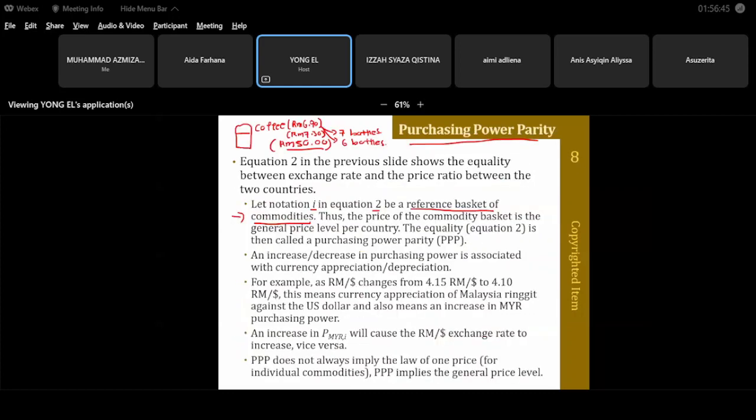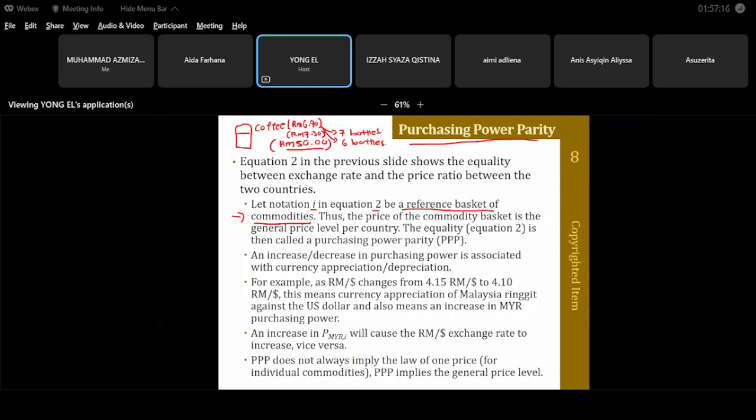A reference basket of commodities, if you learn macroeconomics, you should understand, means a basket or a group of products that represent the consumption by the people in the country. The basket here consists of a variety of goods and services that the people generally consume.